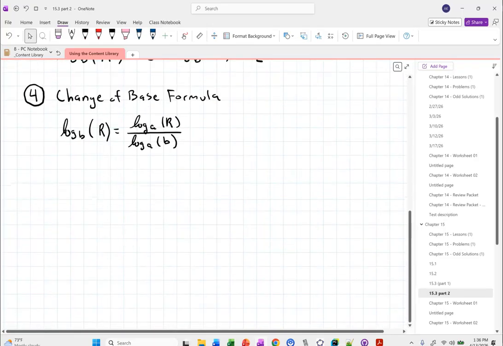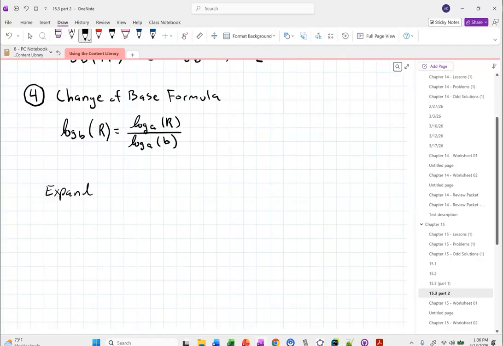Those two types of problems are expand, which means we're going to take one logarithm and turn it into many, and then condense or compress. You could see either word used. Here we're going to take many logarithms and try to turn them into one logarithm.